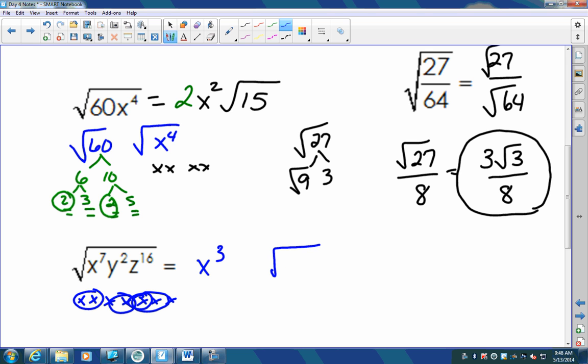One of those x's stays inside the house. On the y squared, that's one set of y's, so the y comes out. Then z to the 16th, I can divide that by 2, and that gives me z to the 8th. So your answer outside the square root is x to the 3rd, y, z to the 8th, and then the square root of x.